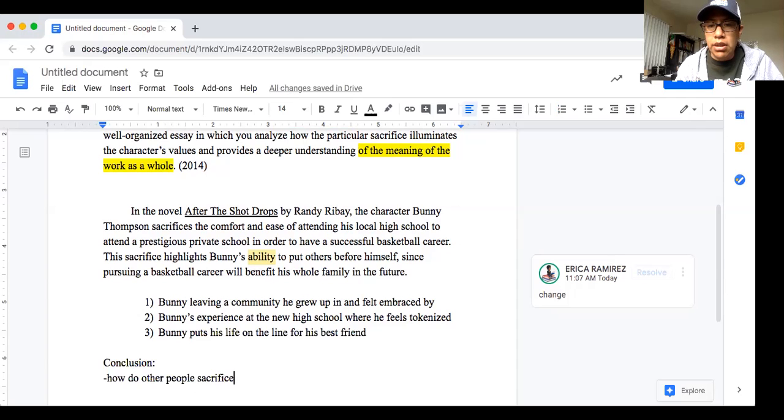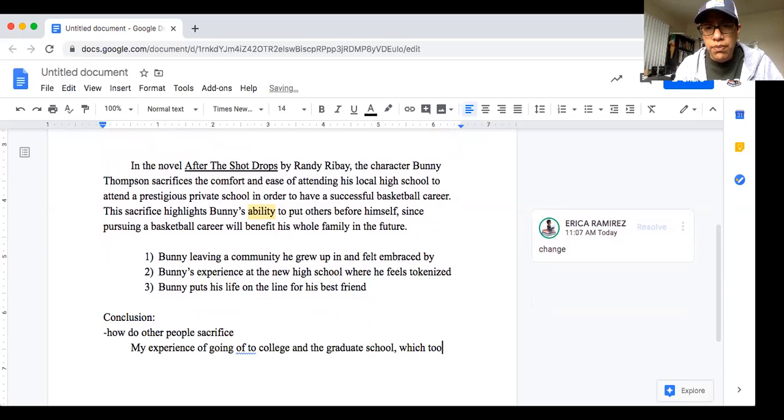And I might connect it to my experience of going off to college, and then graduate school, which took me away from my family, but was in hopes of supporting my family in the end.